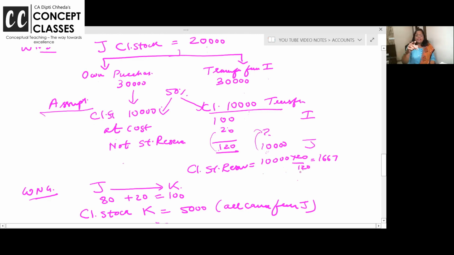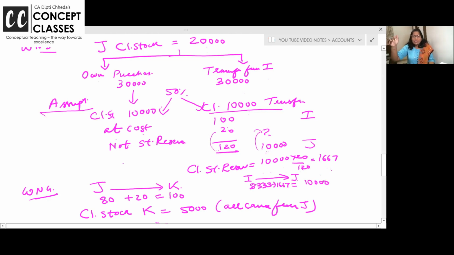So J, in your closing stock, 20,000, 10,000 is at cost. Remaining 10,000 has come from I with a loading of 1667. Might be the cost will be 10,000 minus 1667, 8,333. I to J. 8,333 plus 1667 और J के पास गया 10,000.